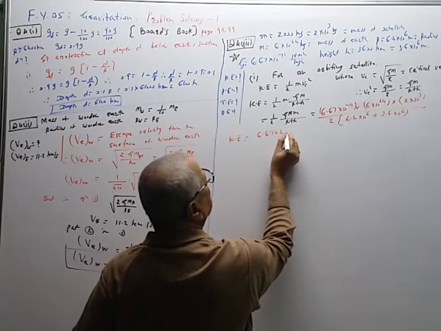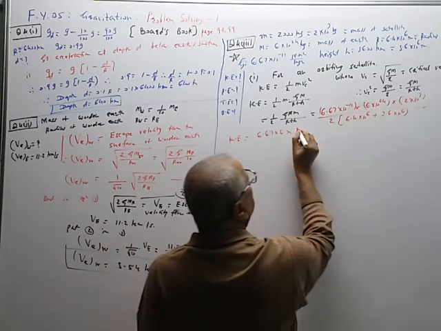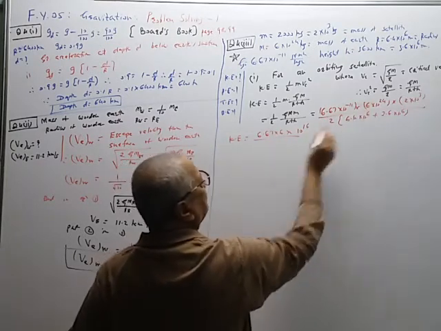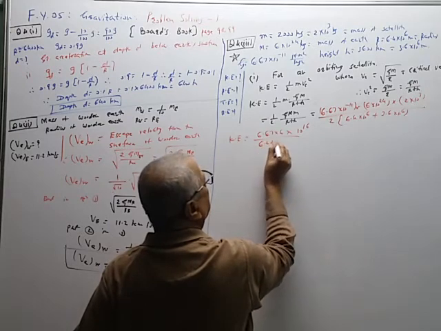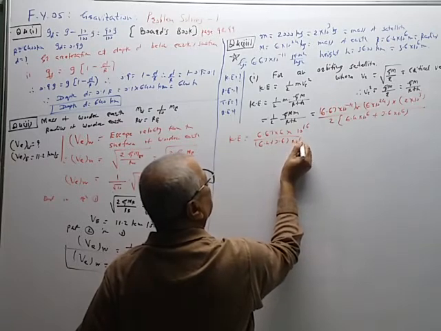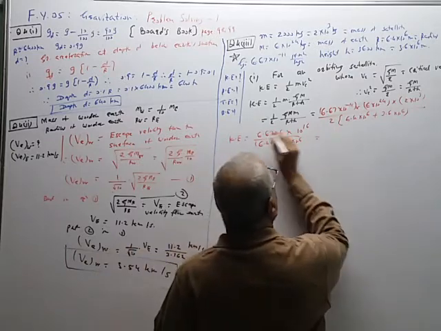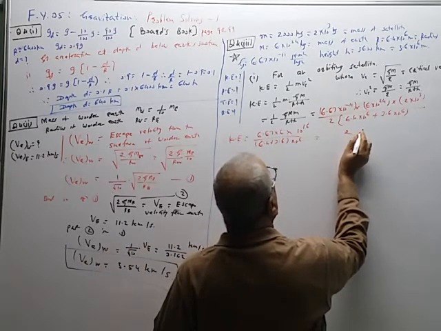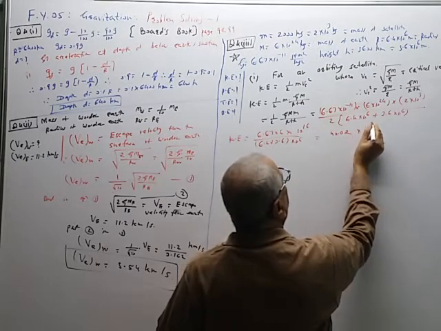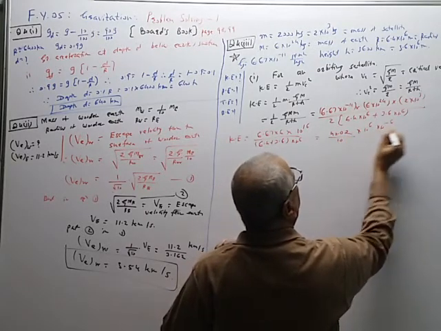So 6.67 multiplied by 6, and the power 24 minus 11, so 13 plus 3, 10 to 16, upon this, 2 is already cancelled, so this is 6.4 plus 3.6 into 10 to 6 common. So the product is 14.204. So 14.2 into 10 raised to 6 into 10 raised to minus 6 upon 10.